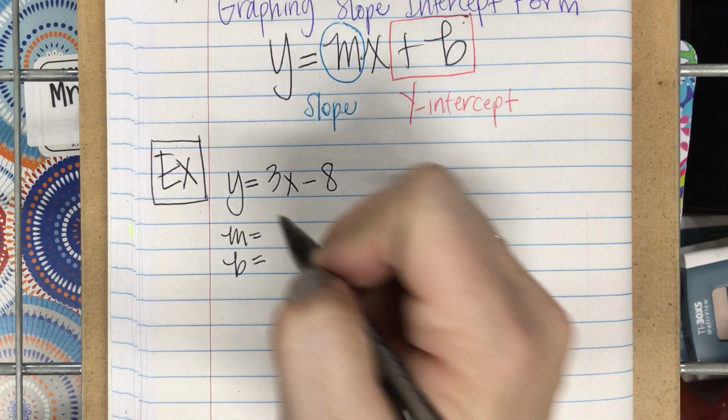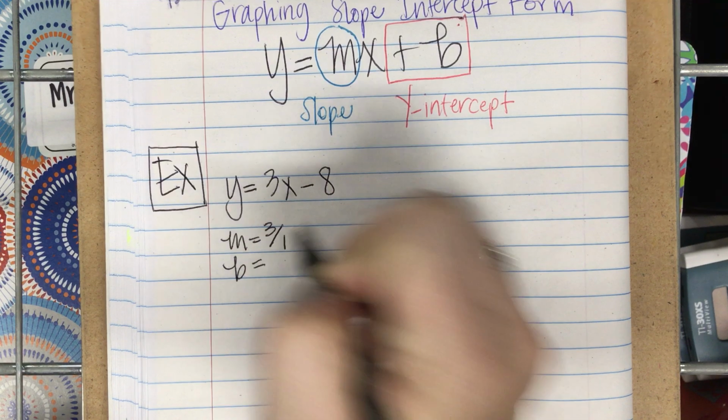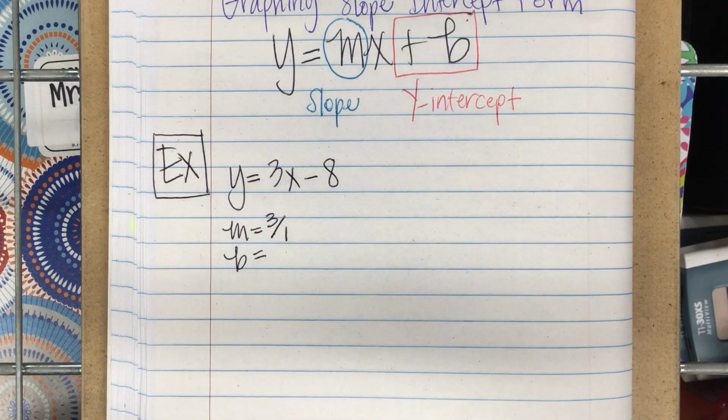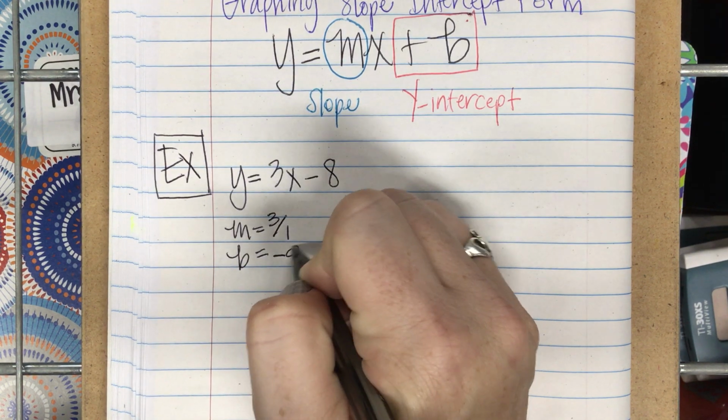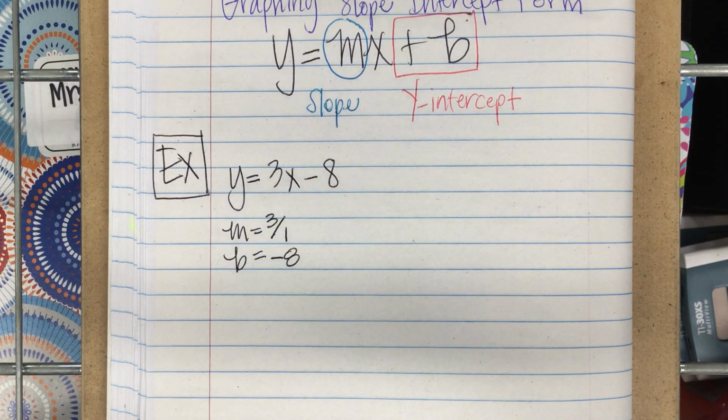I need a fraction. Over 1, right? Good. 3 over 1. And what's my intercept? -8. Now, ladies and gentlemen, 3 over 1, right? Because it has to be a rise over a run, correct? So we need to make it into a fraction. And then -8 is my intercept.